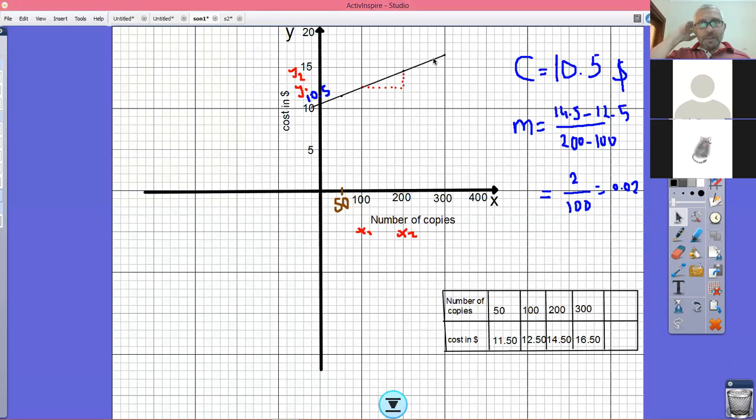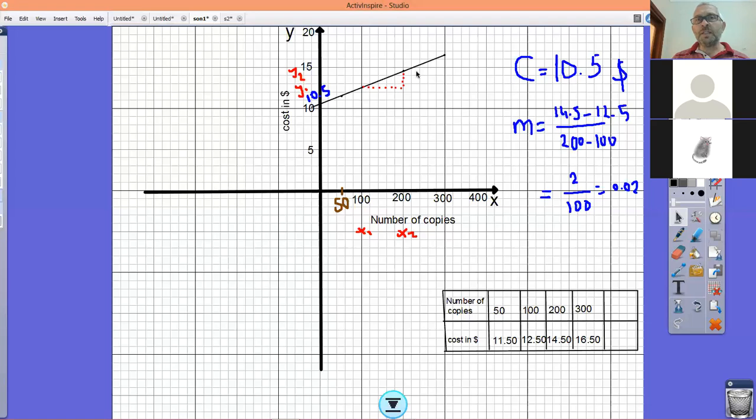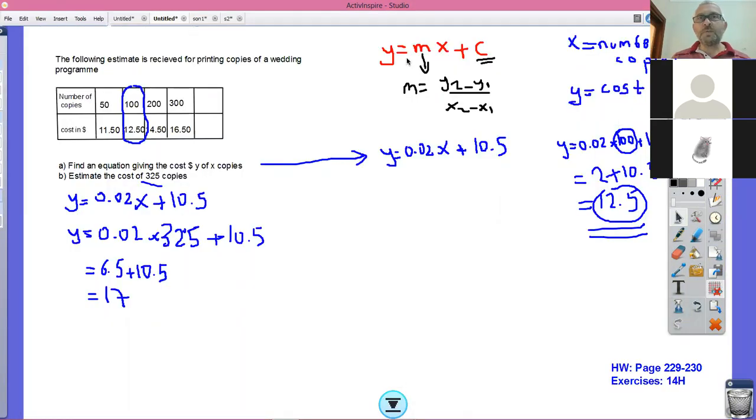After that, the question is to find an equation. What did I draw here? I drew a line. For the line, the equation of the line is this one: y is equal to mx plus c.